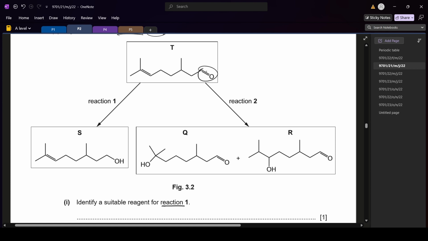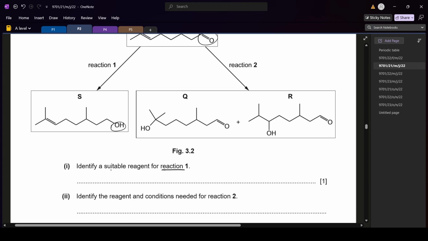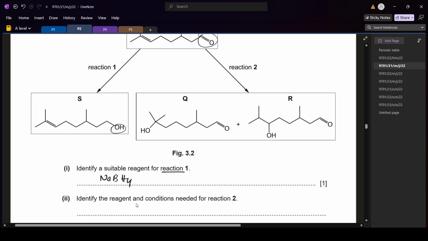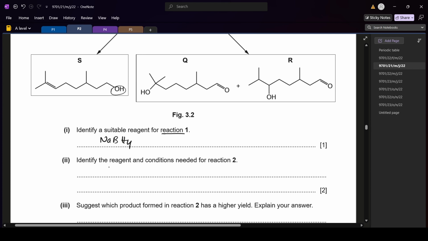The aldehyde group here is changing into alcohol, so it means it is reduced, and you can reduce the aldehydes by NaBH4, which is sodium borohydride, and this is a reducing agent which can reduce aldehyde to hydroxy group or alcohols, aldehydes to alcohol. Okay, identify the reagents and conditions needed for reaction 2.